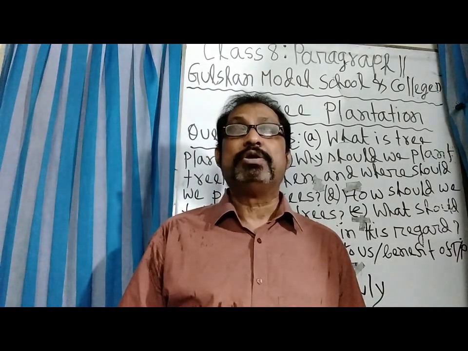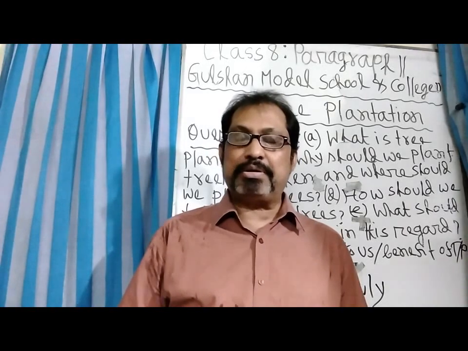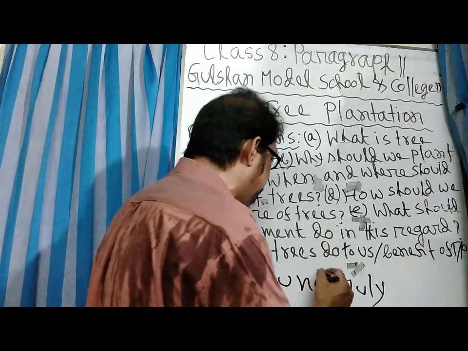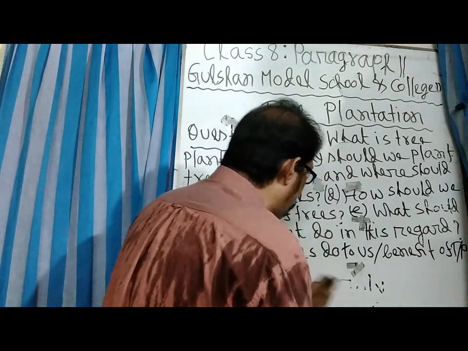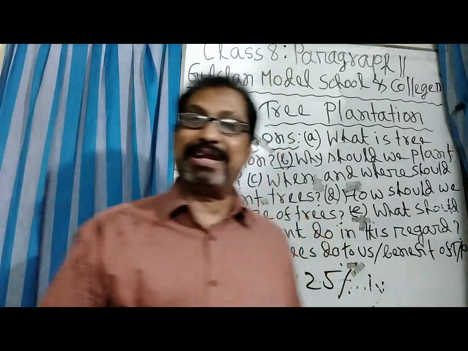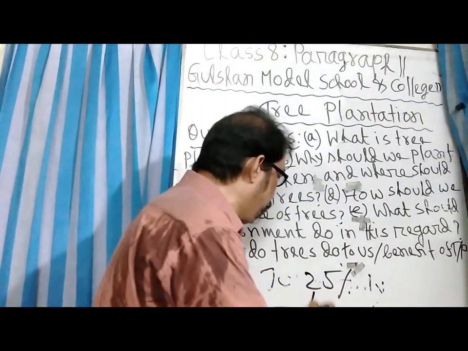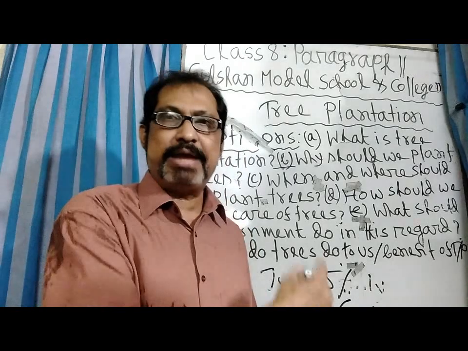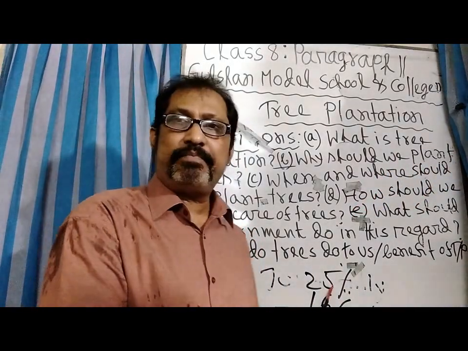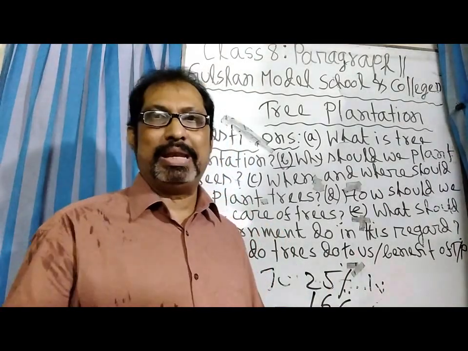At first, I would like to say, for the survival of a country, every country needs 25% land for the total existence of human beings. But unfortunately, we have only 16%. 9% is short. Without 25% planting land, a country can never survive well.